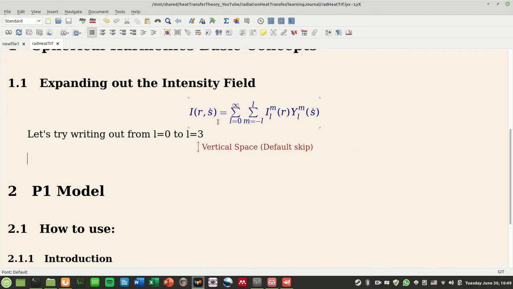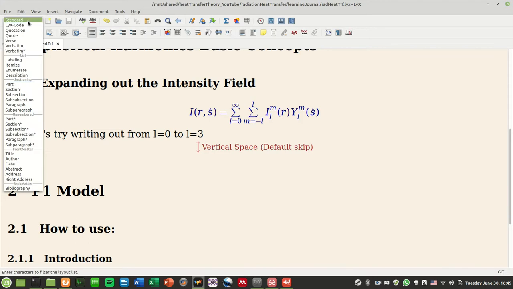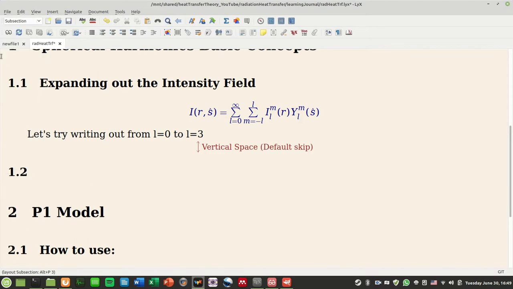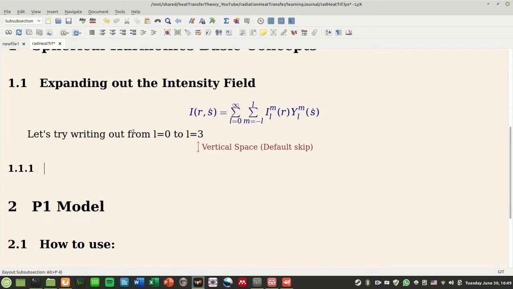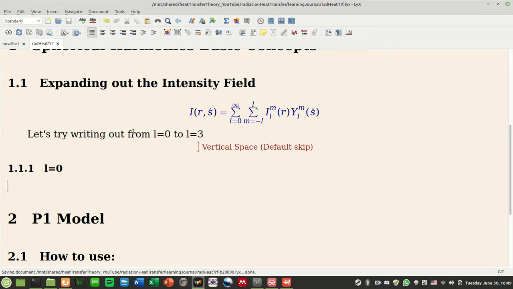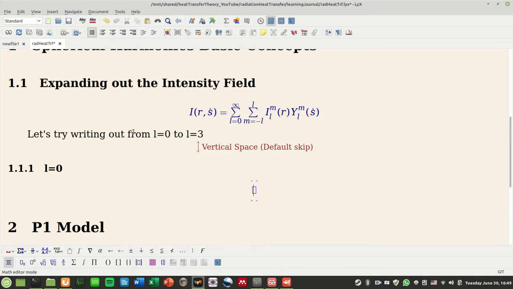Let's see for L equals 0. We can try a subsection of sorts, subsection L equals 0.